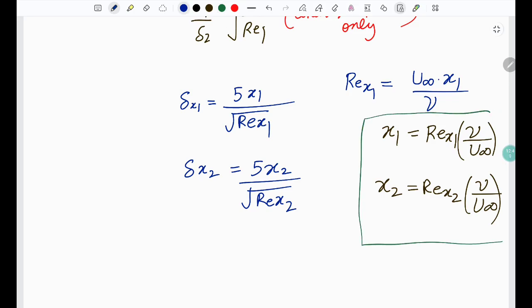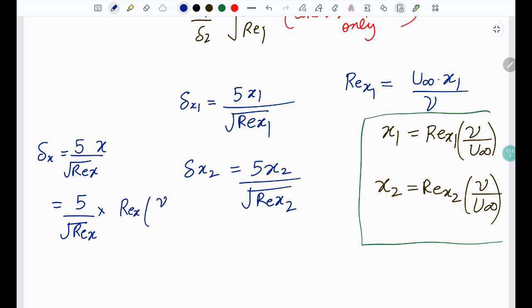So changing the expression, I can write delta x in general as 5 by root Re x, and I can write x as Re x nu by u infinity.